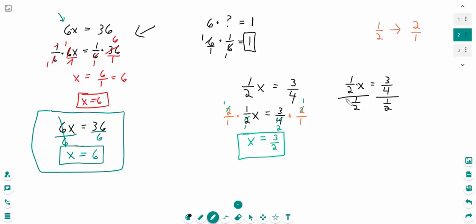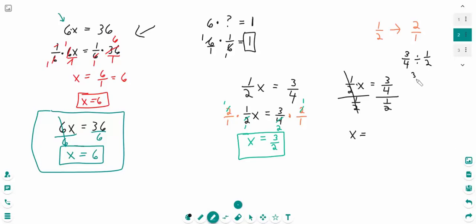So you might recognize, though, that again, it's not too bad. 1/2 divided by 1/2, well, anything divided by itself is 1. So these will just cross each other out, and we're going to be left with an x, right? Now, 3/4 divided by 1/2. Now, we kind of have to go back to our old way of doing things and think of this as 3/4 divided by 1/2.